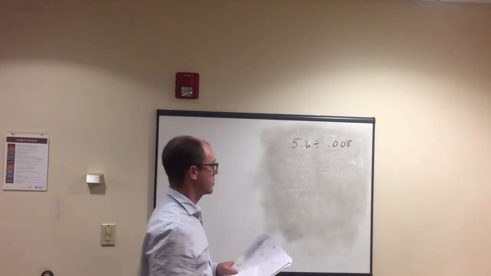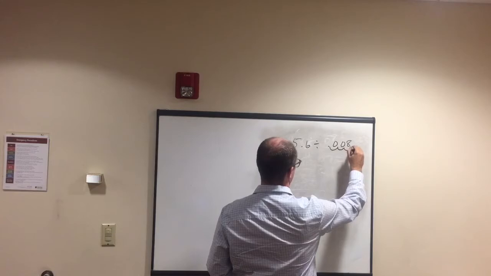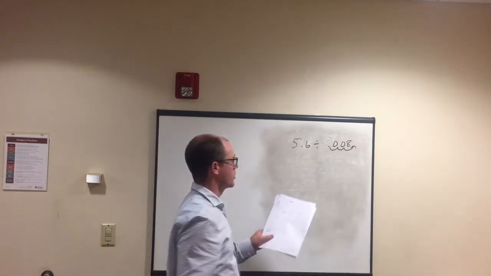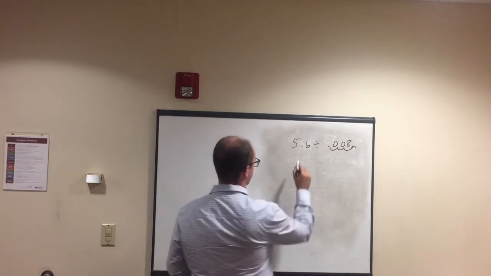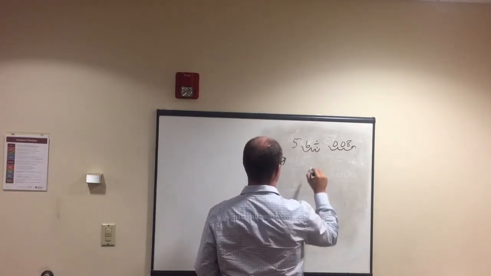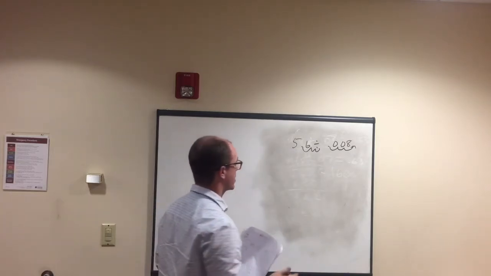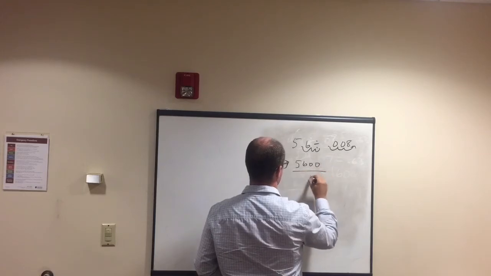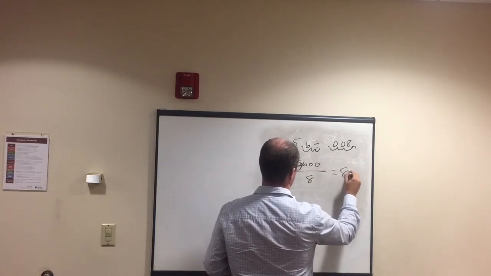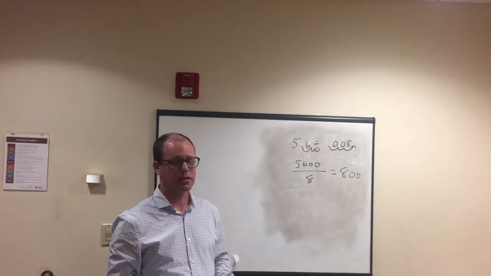Okay, so here we have 1, 2, 3 decimal places to get rid of that decimal in front of 008, and that means we're going to go 1, 2, 3 over here, right? And that means 2 zeros after the 56. So now we have 5600 divided by 8 equals 700. And that's how you do those.